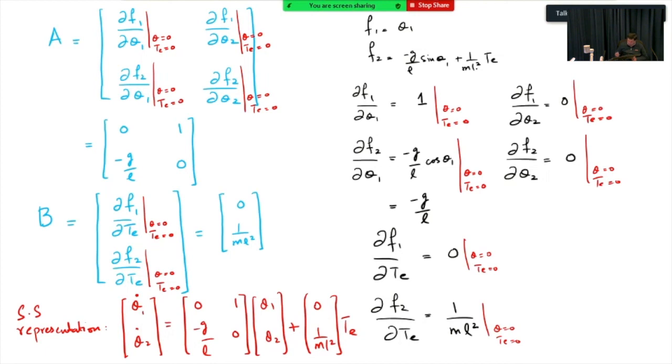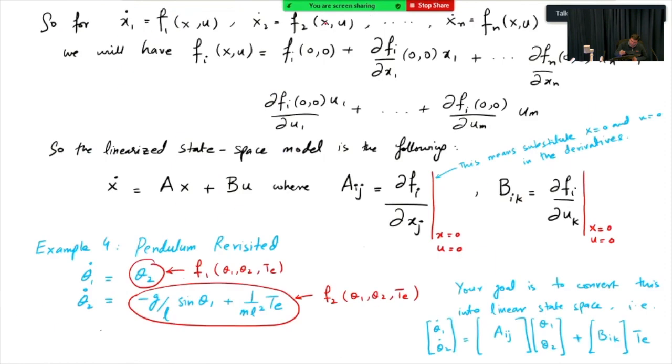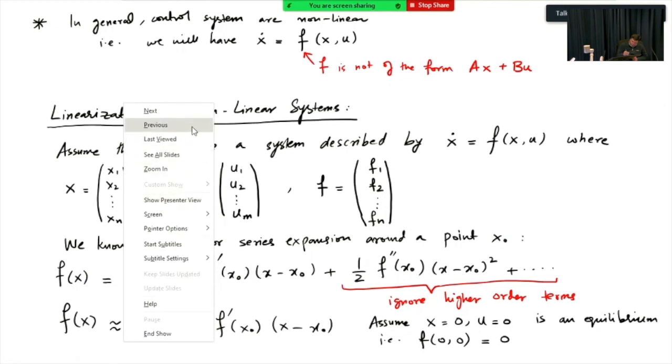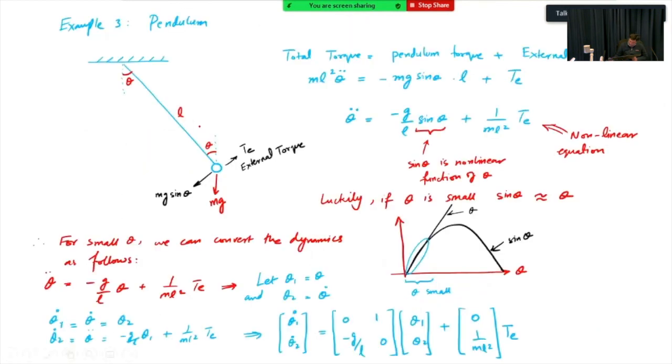So take a close look at this and I will show you the one that we did previously. A couple of slides back we have a third example on the pendulum, and if you notice, this is exactly what you get when you linearize the system around 0, right?